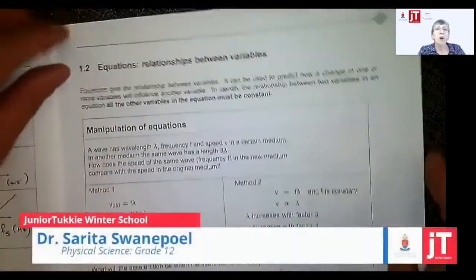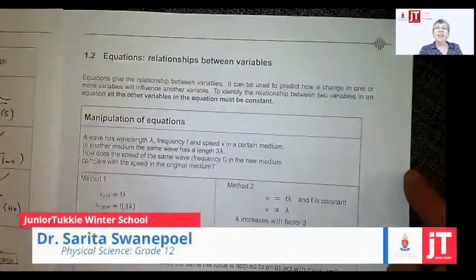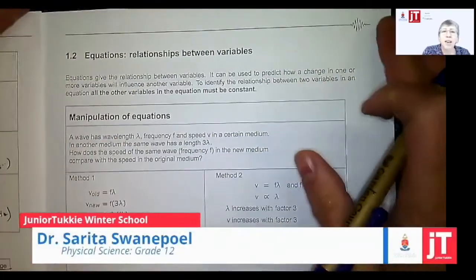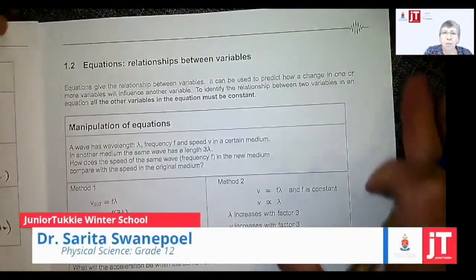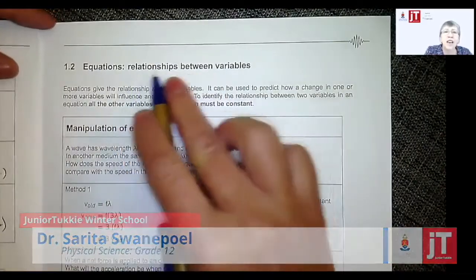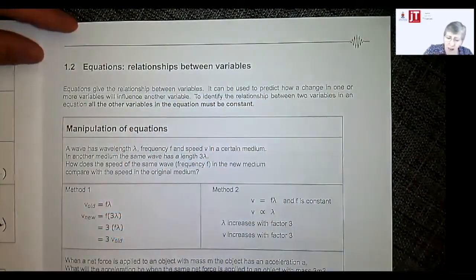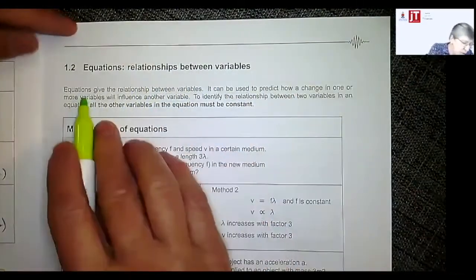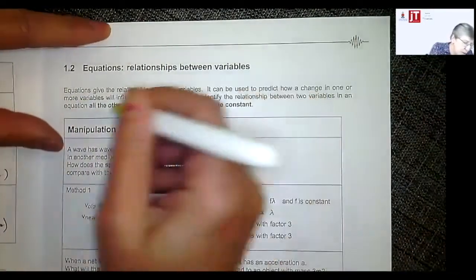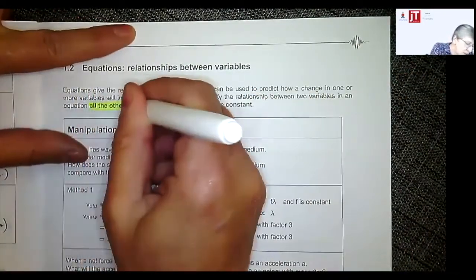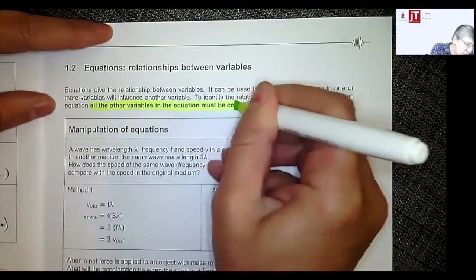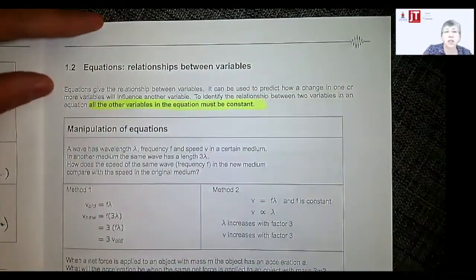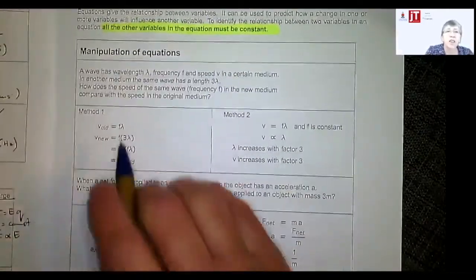Now we're moving on to something else, and that is how I can manipulate an equation to predict something. We're looking at the relationship between variables. Once again, you have to know that if you look at the relationship between two variables, all the other variables in the equation must be constant. So let's look at the first example.